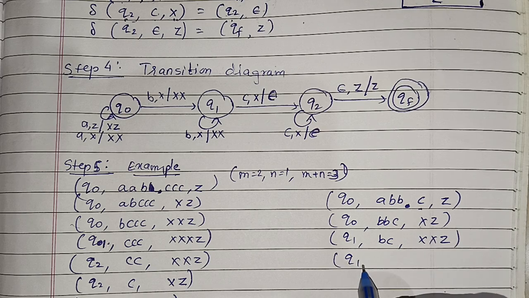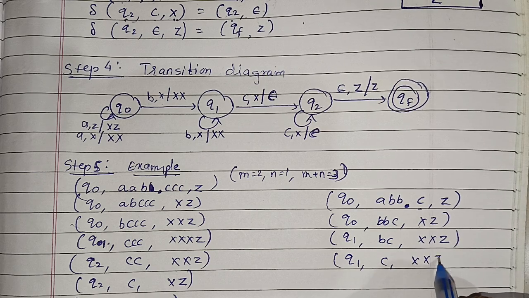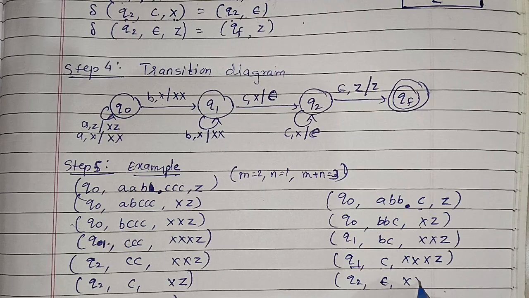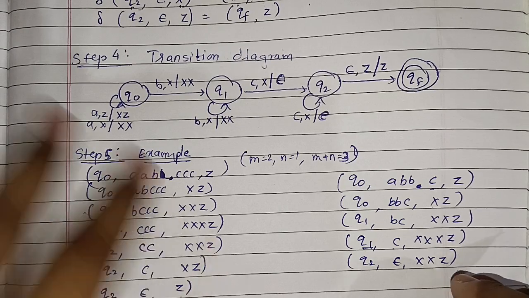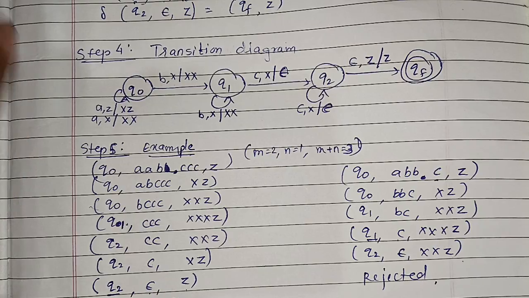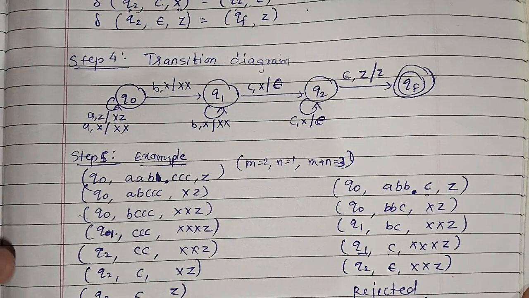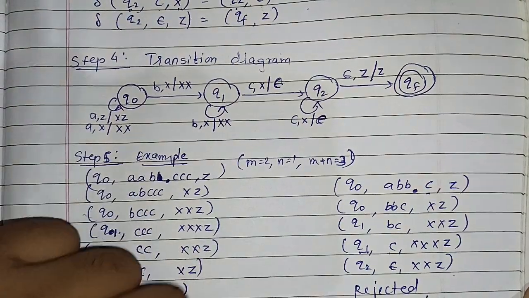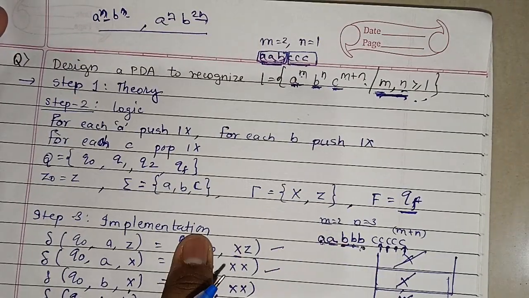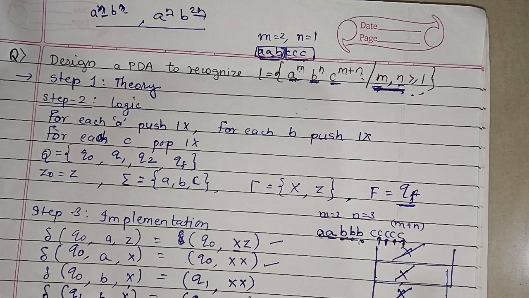Q1 receives b, Q1 only, xZ. Q1 receives c, pop, go to Q2, xZ. Now see, we don't have any transition for Q2, null string, and stack top x, so this is rejected. In this way you have to solve examples of acceptance as well as rejection, and you have to draw the transition diagram, implementation, and write the logic and theory. Thank you.